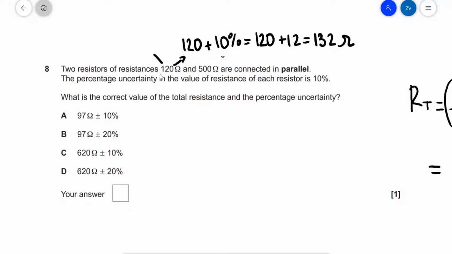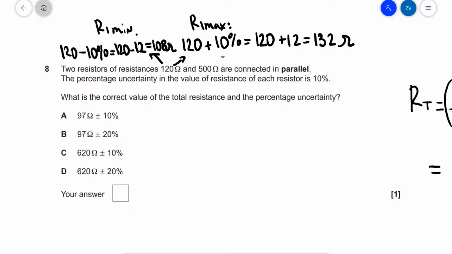Let's say that this is R1 max, and there's also going to be an R1 minimum value, which is going to be 120 minus 10% of that, which is 120 minus 12, which is equal to 108 ohms. So this is the minimum value, and this is the maximum value.